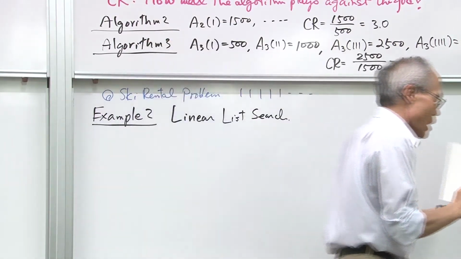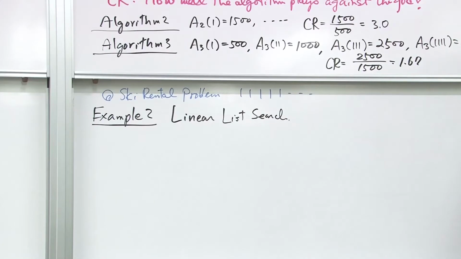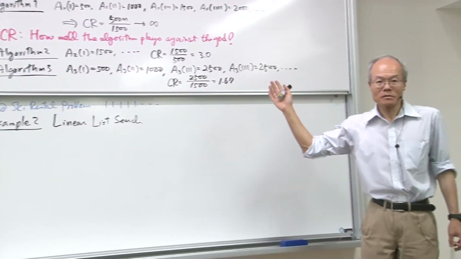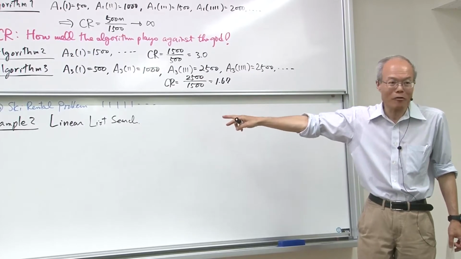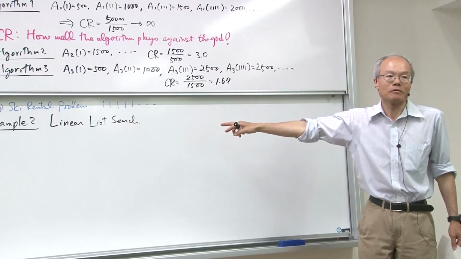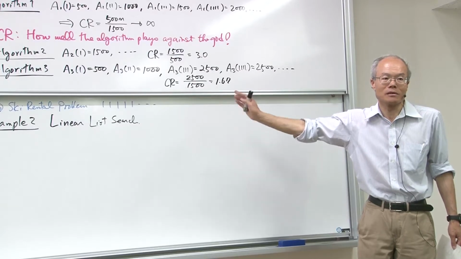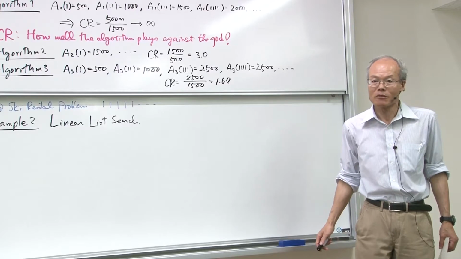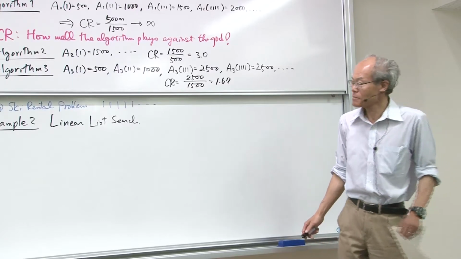Oh, but I hope you don't have any questions so far. You understand the idea of online algorithms? The second result is a bit more complicated, so I hope you already understood the basic idea of online algorithms. Okay? Good.